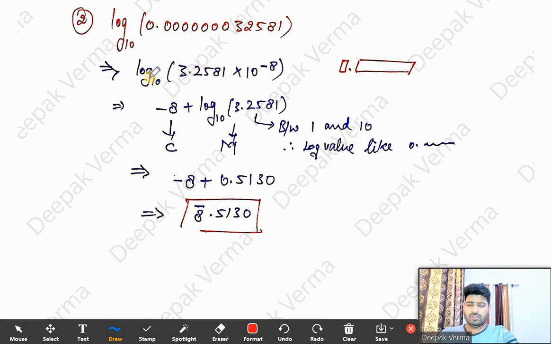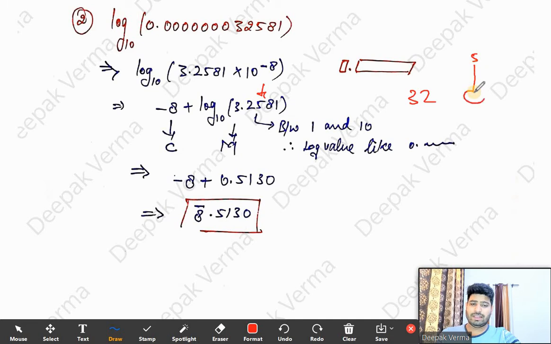Got it? Then using the property of log, a into b is log a plus log b, and here we will get minus 8 in front of log, so we will be left with only minus 8 here, and we have to find the logarithm of this number. Again we will be using the log table. We will look into row 32, then column 5.